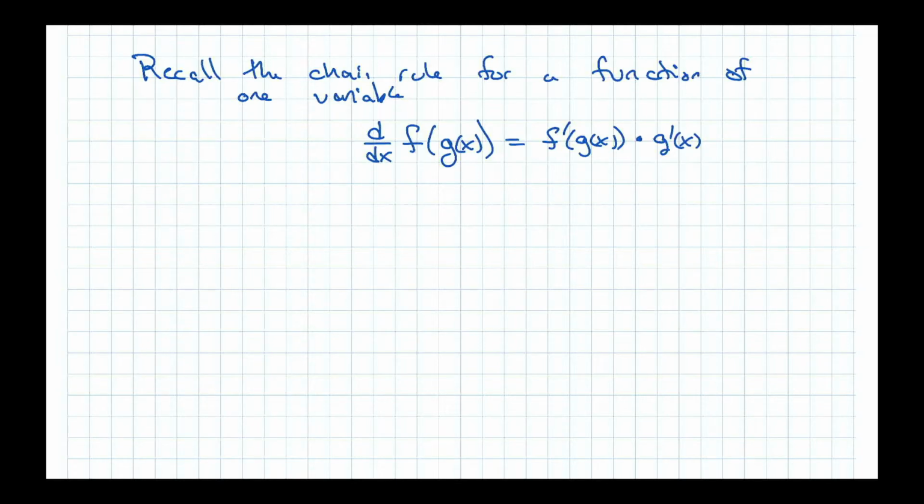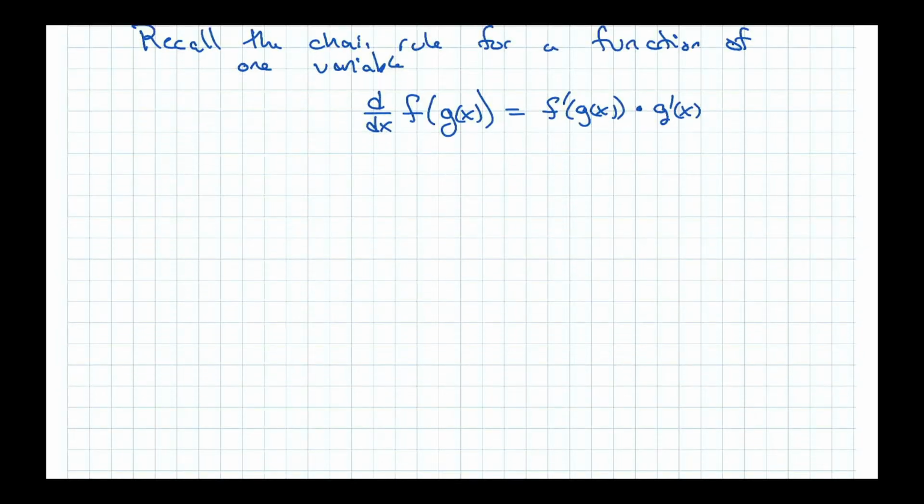You can also write this a little bit differently. I don't even know if I want to write this, but I think I will, and then maybe I'll erase it. This is the derivative of f with respect to g, like df dg.